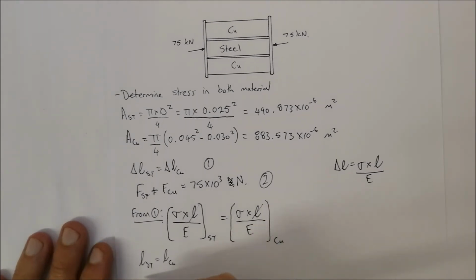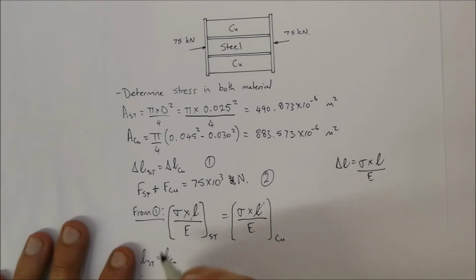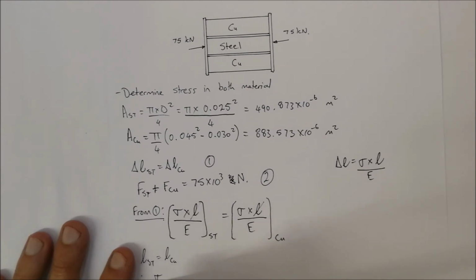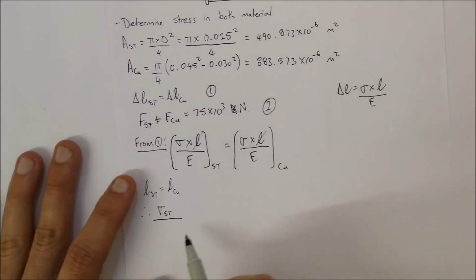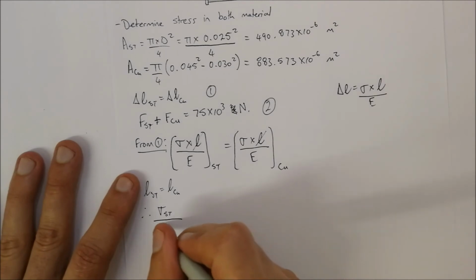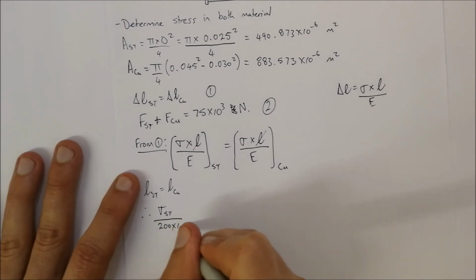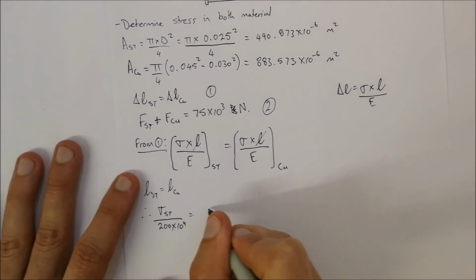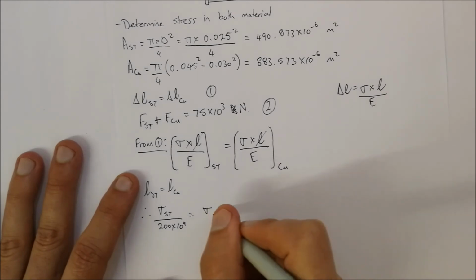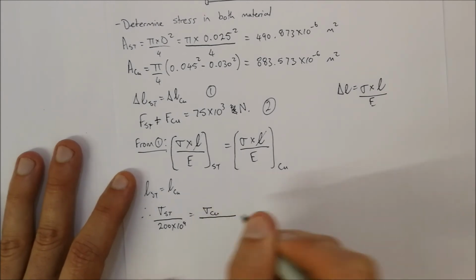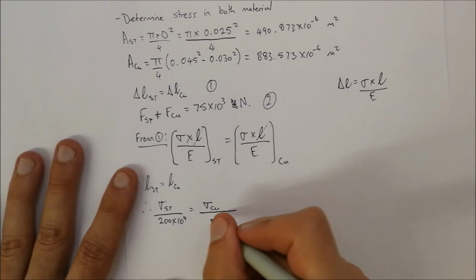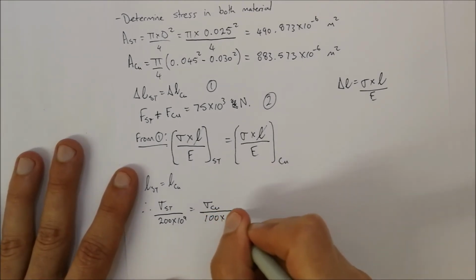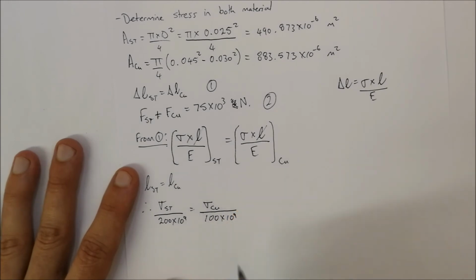So the stress of steel over E for steel, which we're told is 200 gigapascal, so 200 times 10 to the 9, is equal to the stress of copper divided by E for copper, which is 100 gigapascal, so 100 times 10 to the 9.